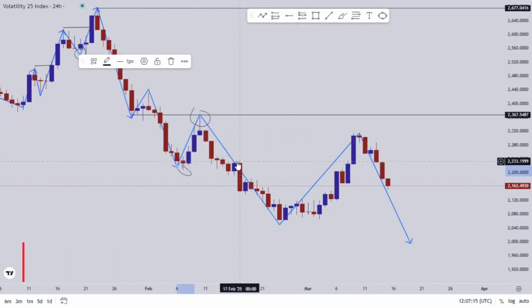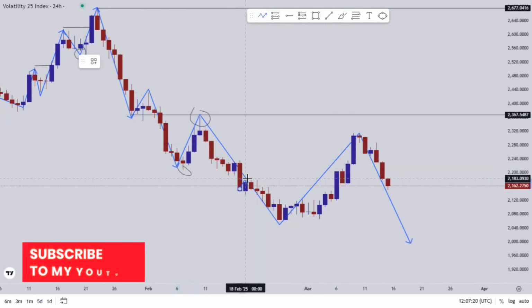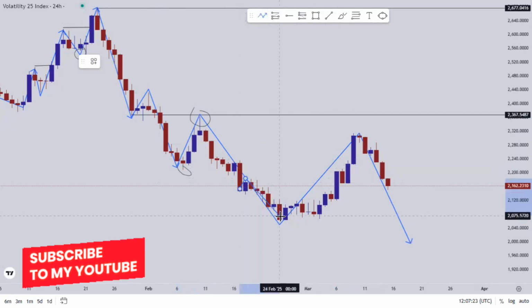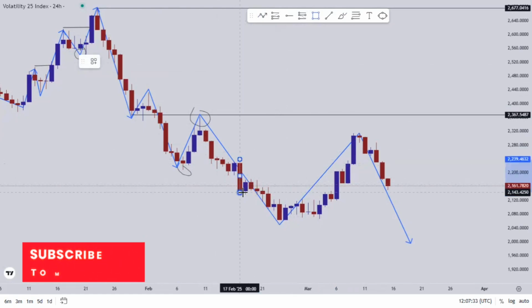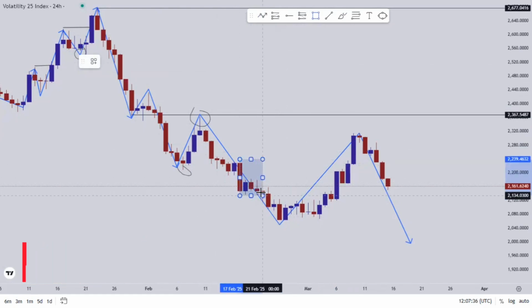Someone might ask, why am I not calling this particular point here a valid higher low and this a lower low? Look at it. This is an inside bar candle. You can see that the whole of this candle engulfs what? This particular candle here. So this is more or less like a single candle movement.